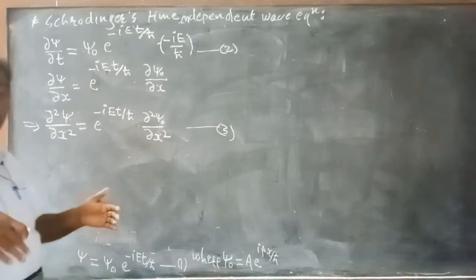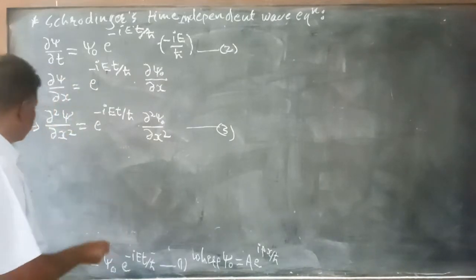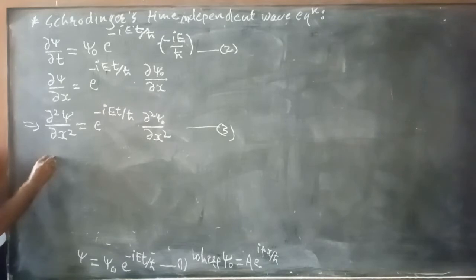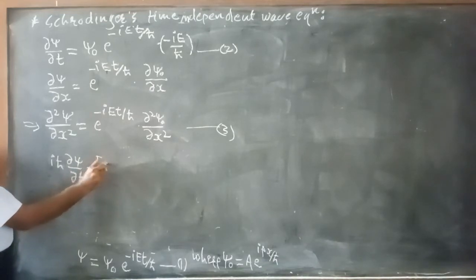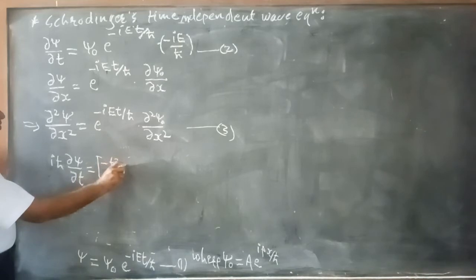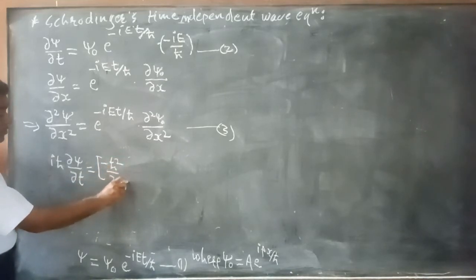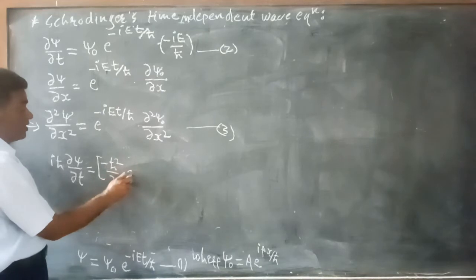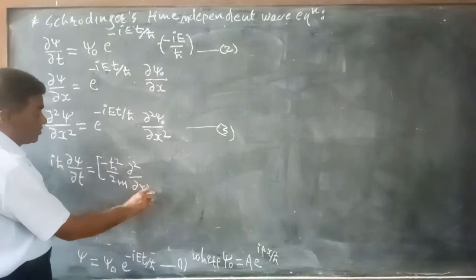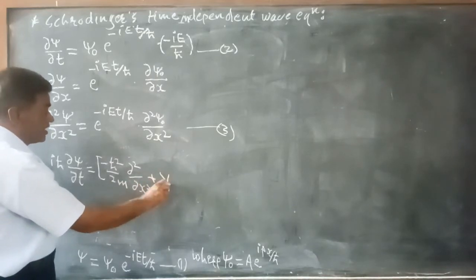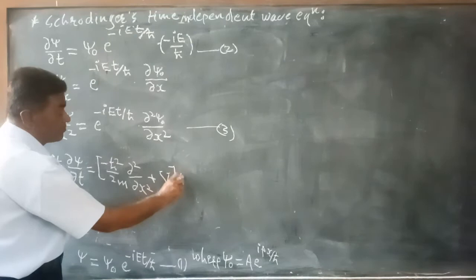Now recall Schrodinger's time dependent wave equation in the one dimension case. That is, i h cut d psi divided by dt will be equal to minus h cut square divided by twice m, d square divided by dx square, plus potential energy into psi.